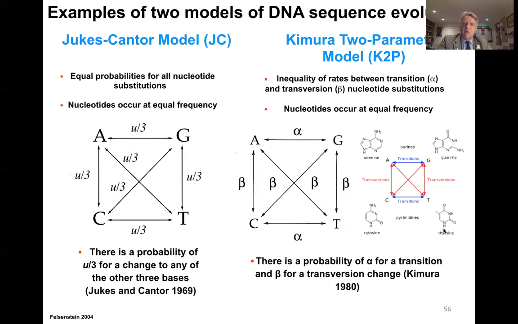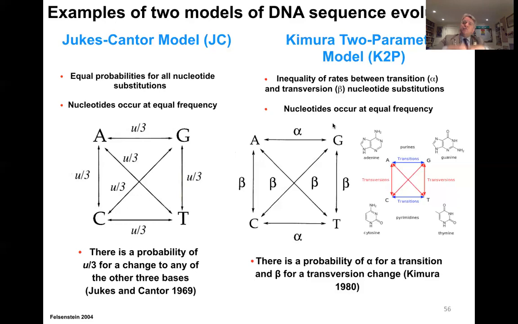Changes within the chemical class are called transitions. So changes between A and G and C and T are transitions. Transversions are changes between the chemical classes. So a change between a purine and a pyrimidine is a transversion. A to C is a transversion. C to G is a transversion, okay?